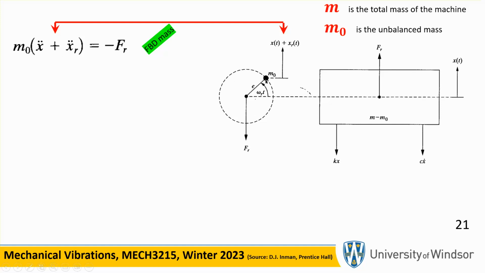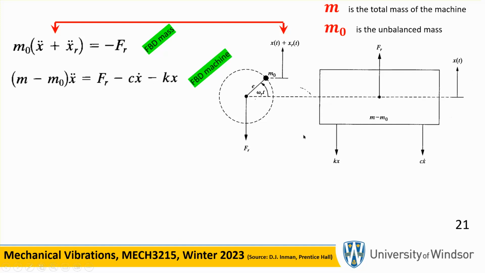One is because of the rotation of this blade system, the mass imbalance, and the other is because the unit is going up and down. So this is the free body diagram and the mass acceleration diagram of the unbalanced piece.